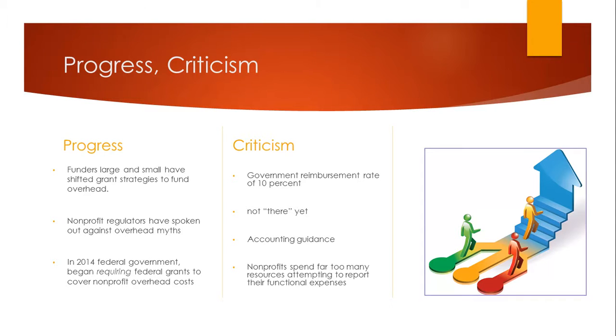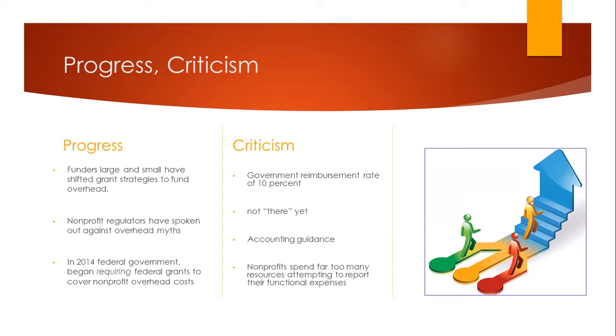Additionally, she talks a lot about progress, and she has a lot of criticisms. She talks about how funders, large and small, have shifted grant strategies to fund overhead. This is a pretty progressive challenge in how revenue resources are utilized. Additionally, nonprofit regulators have spoken out against overhead myths.